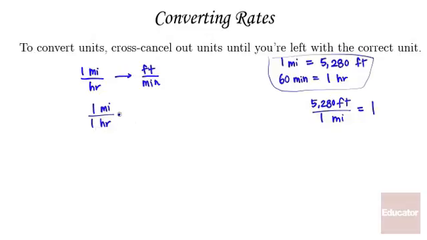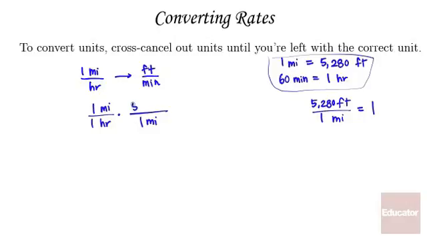So I'm going to multiply all this by this. Now, I want the miles to go away, right? Because the miles is going to have to change to feet. In order for me to cross cancel the miles, I have to have one on the top and one on the bottom. So this miles is going to go down here.